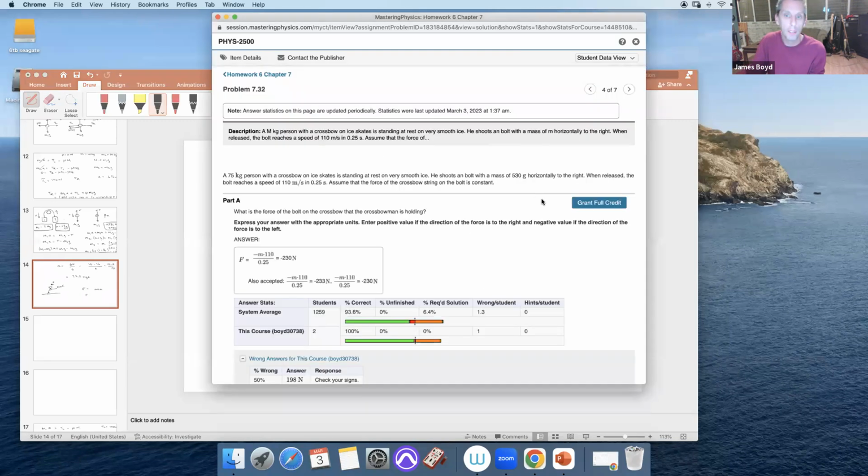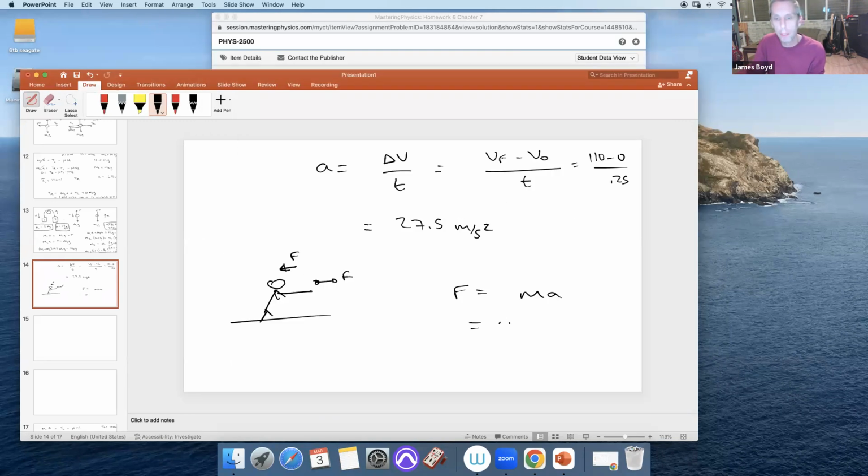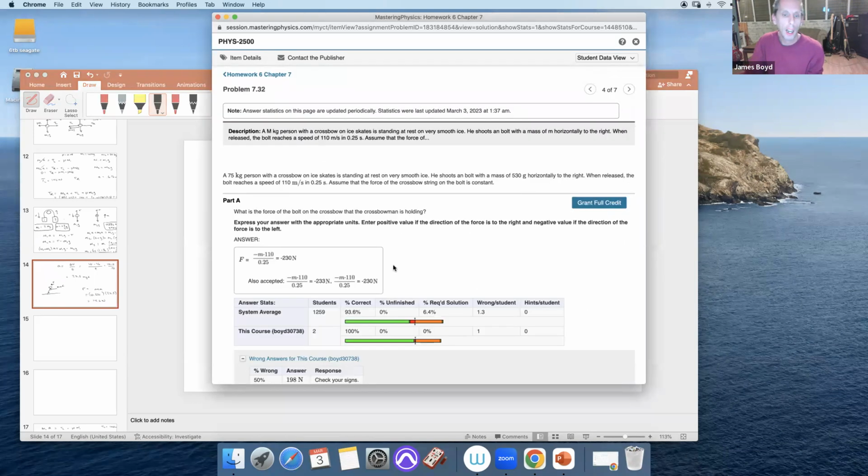It had 530 grams, or 0.530 kilograms, times 27.5. The force on the arrow was 0.530 times 27.5, or 14.6 newtons. All right. What is the force of the bolt on the crossbowman?